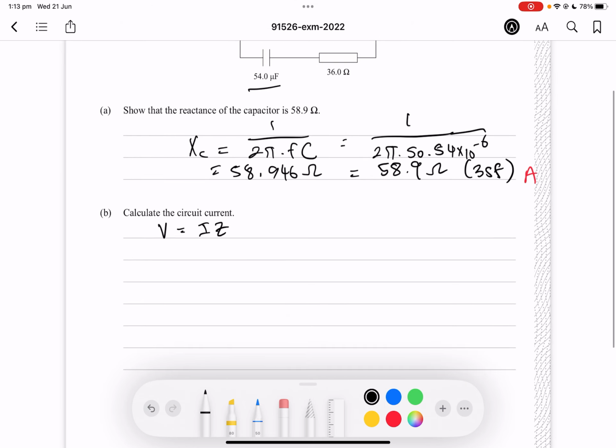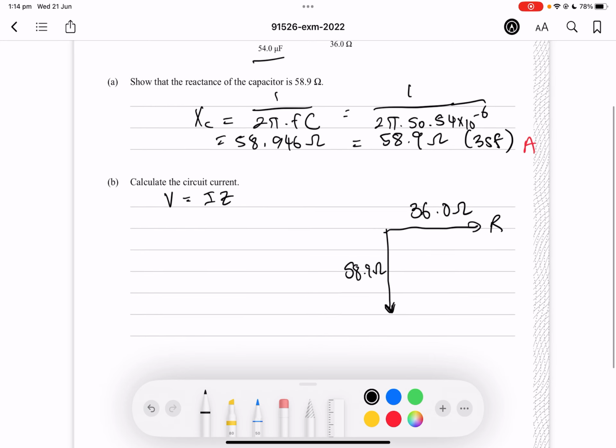If we draw a phasor diagram, we have our resistor R, and we know that the reactance of the capacitor will lag the current by 90 degrees. So we have the capacitance here, and the value we just calculated is 58.9 ohms. And the value of the resistor is 36.0 ohms.